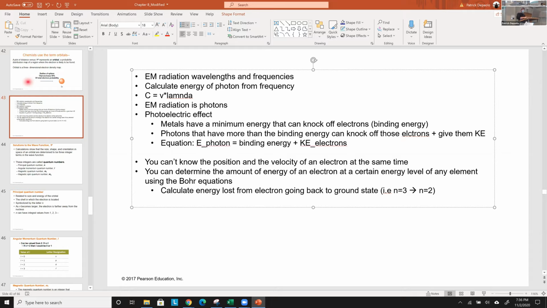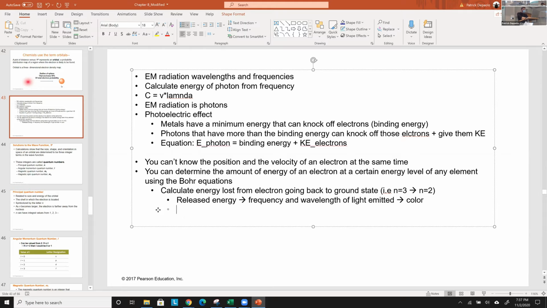You can use both of those equations, subtract the energies from each other, and you get an energy that is released. From the released energy, you can calculate the frequency and wavelength of light released or emitted. And then you can deduce the color from that. Color. All right, that's basically it.